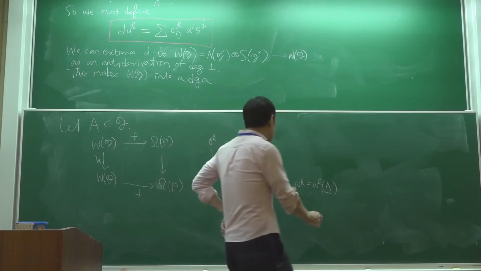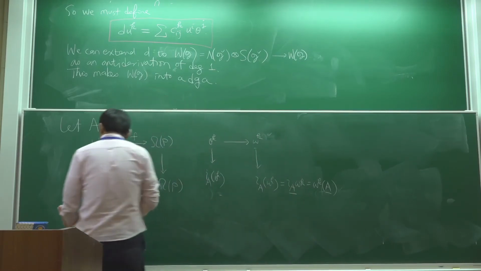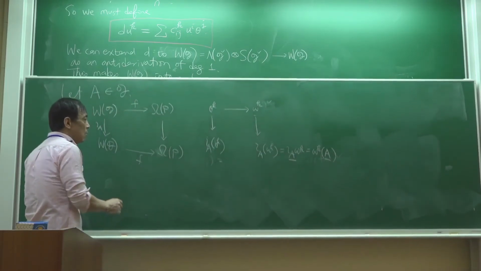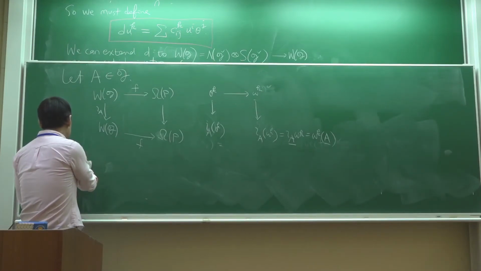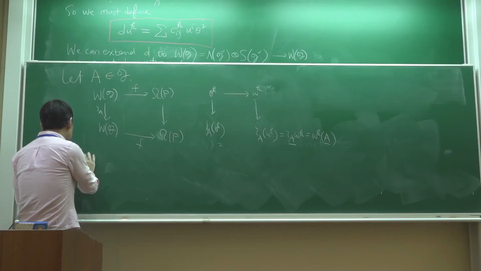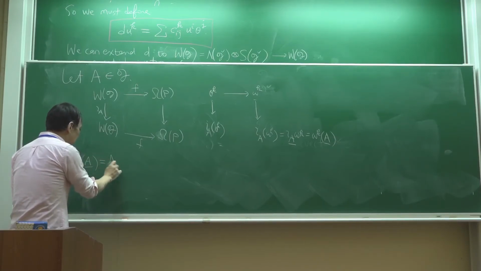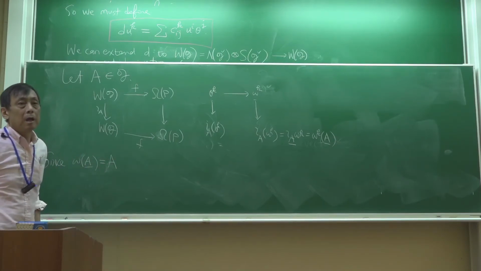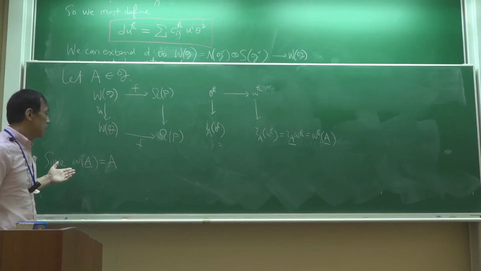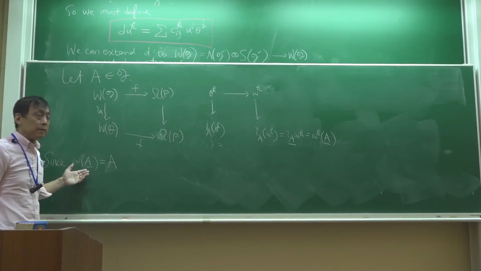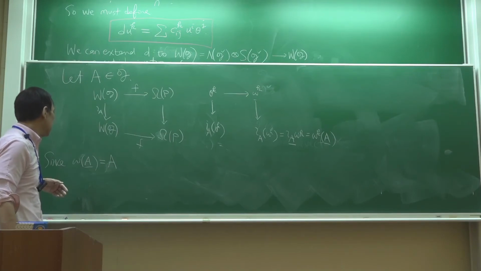Because omega applied to A bar is simply A, by one of the properties of a connection, okay?